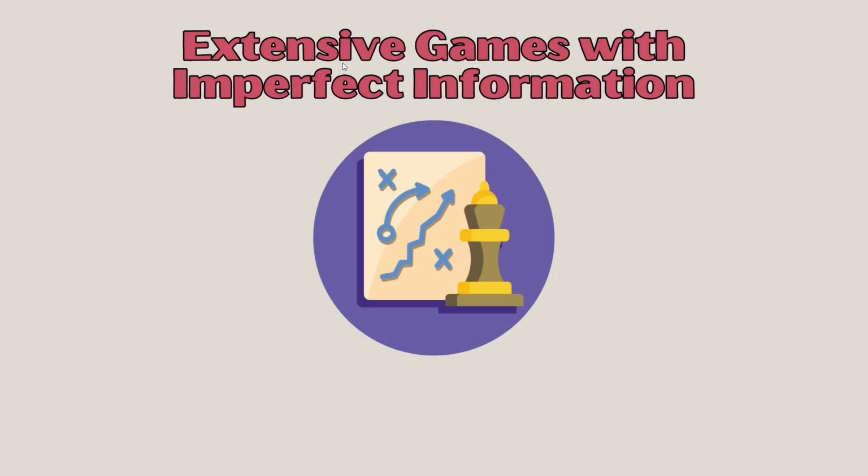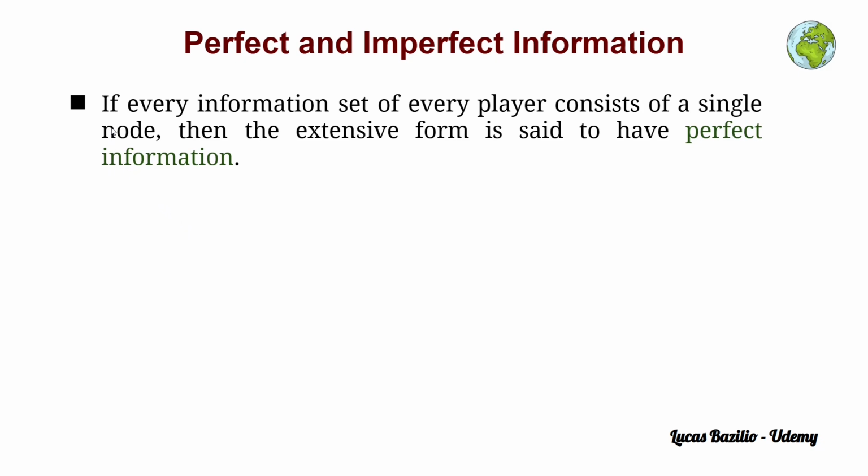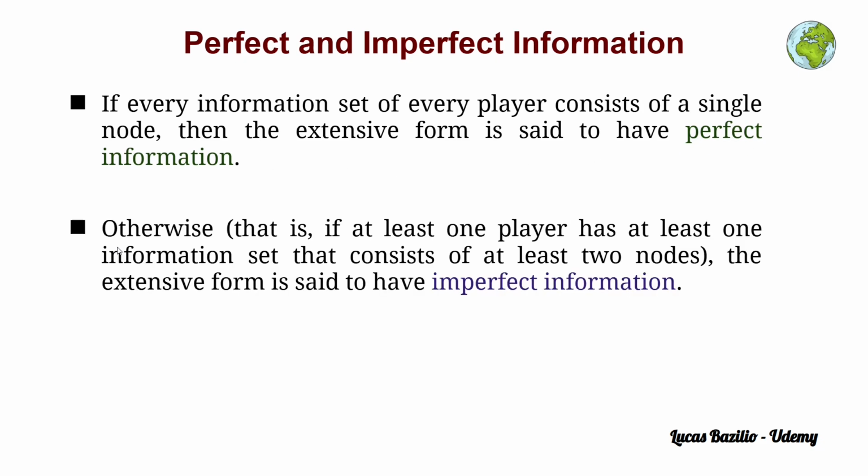Hey everyone, welcome again to this section on extensive games with imperfect information. In this lecture we're going to see some practical examples. First of all, we need to remember something that we already saw: if every information set of every player consists of a single node, then the extensive form is said to have perfect information.